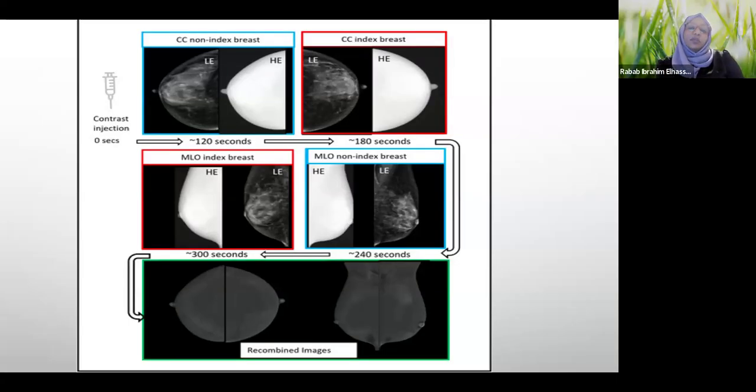So they start with the normal breast to allow time to maximize contrast concentration within the side of interest. So we do a CC view of the non-index breast, then a CC of the index breast, then MLO of the index breast, because we want to do the same side, and then lastly the MLO of the non-index breast, and these are the recombined images that are generated.